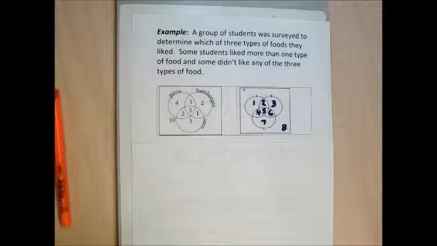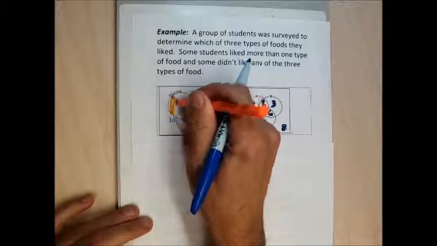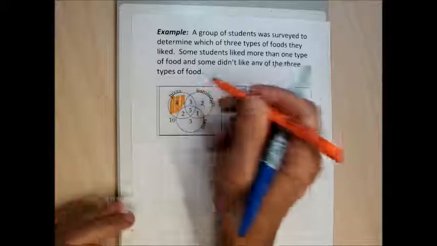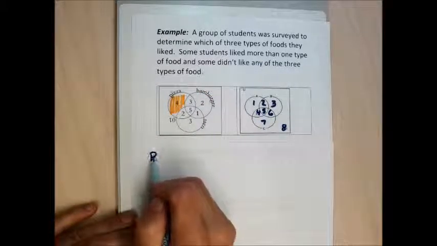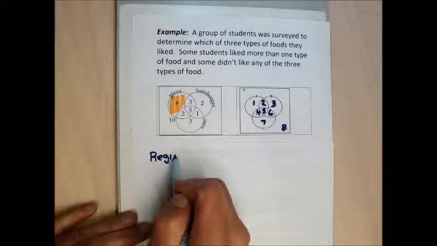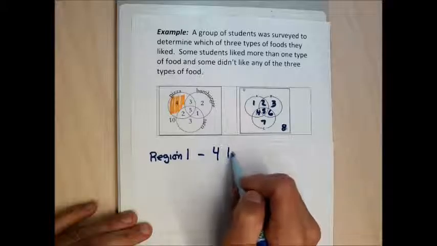So now for each of the 8 regions, I need to explain what they are. So I'm going to go one region at a time. First thing I'm going to do is this region 1. And that's inside this pizza circle, so I know for region 1, those 4, they definitely liked pizza.